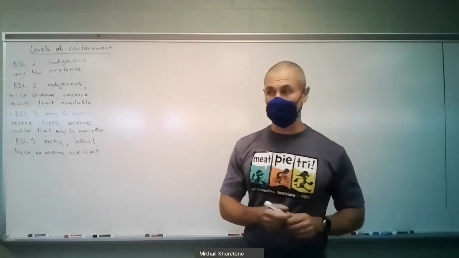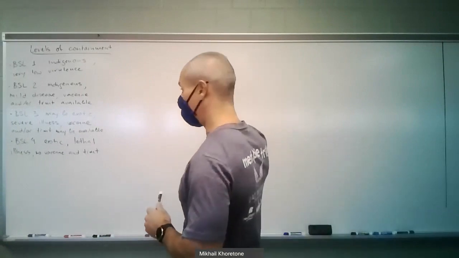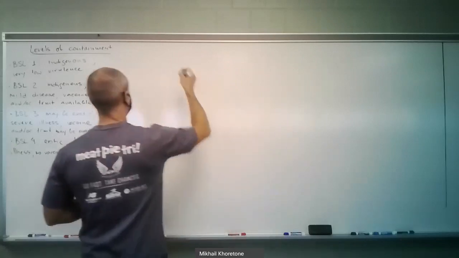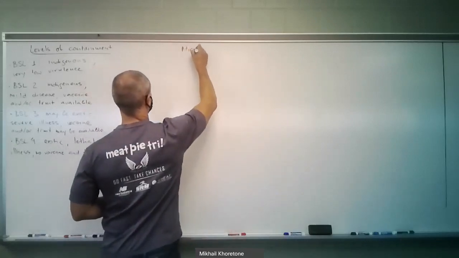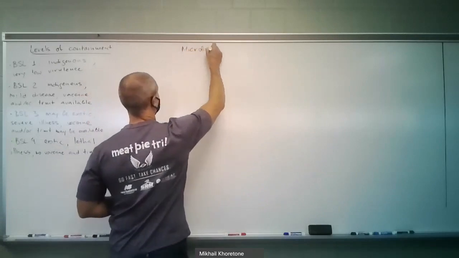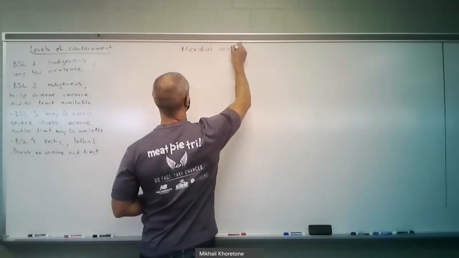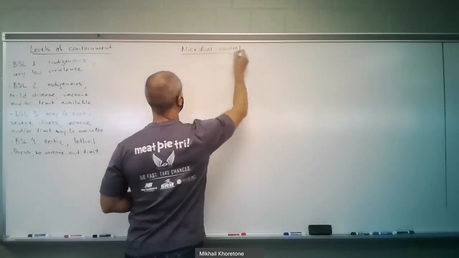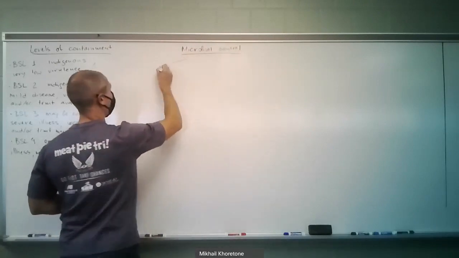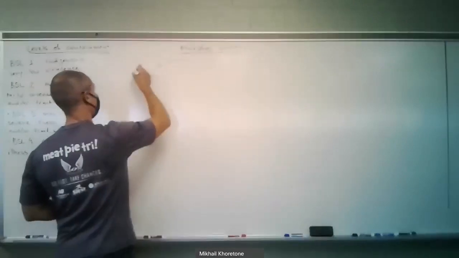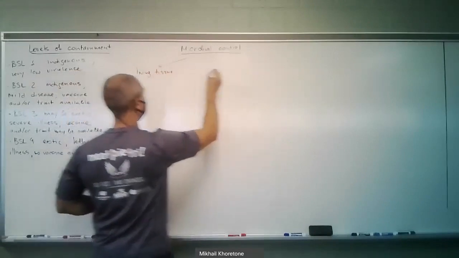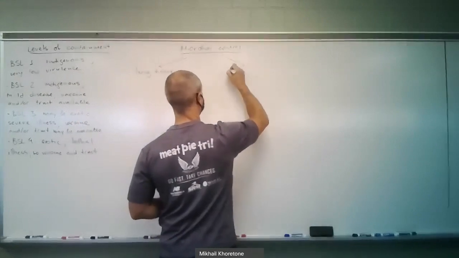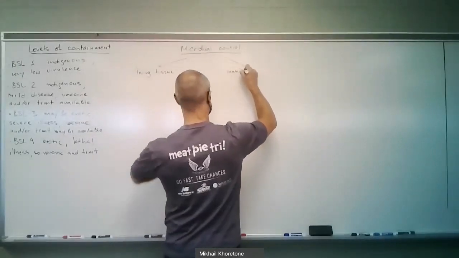Okay. The next topic of conversation, levels of cleanliness, quote unquote. How can we categorize different protocols for microbial control? So microbial control, we can target living tissue, or we can target inanimate surfaces.